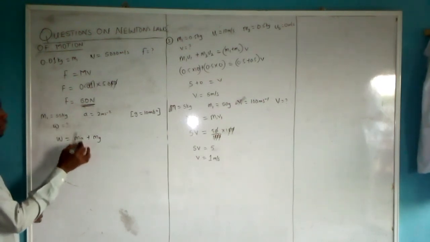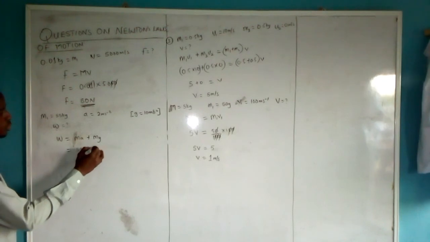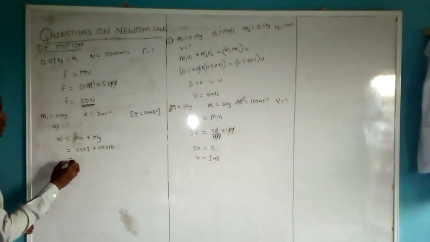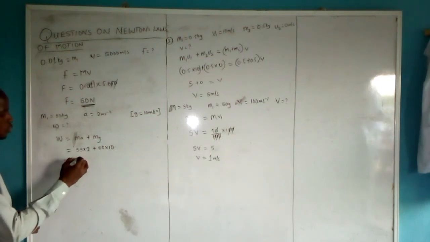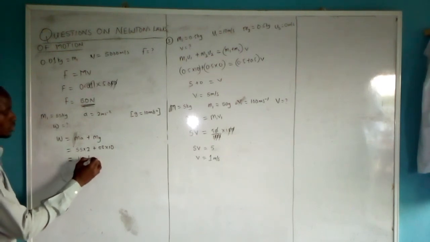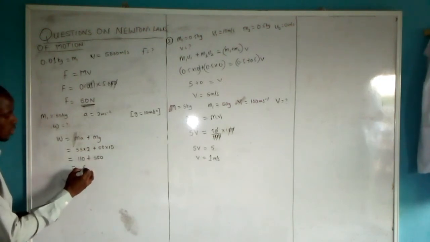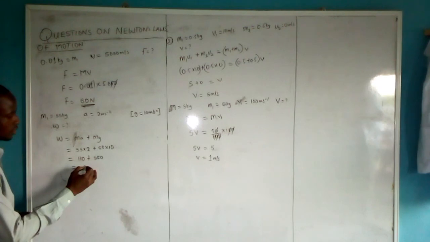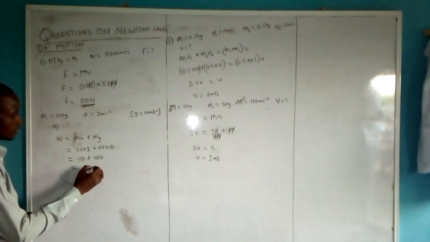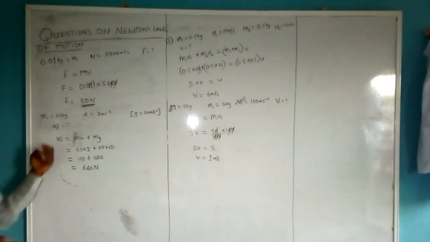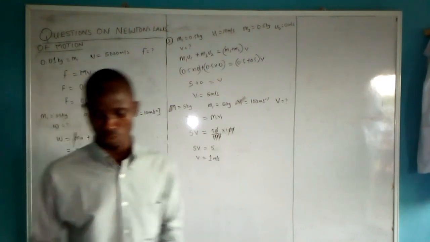So we have 55 times 2, plus 55 times 10, which is 110 plus 550. Adding these together, we get 660 Newton. Don't forget, force or weight is measured in Newton.